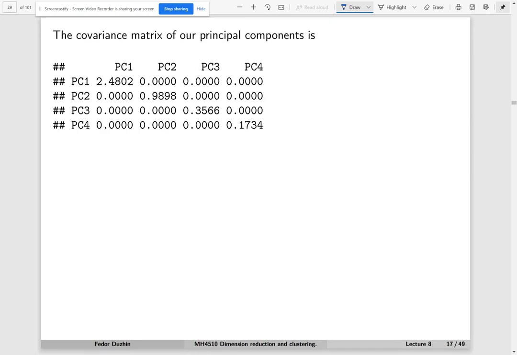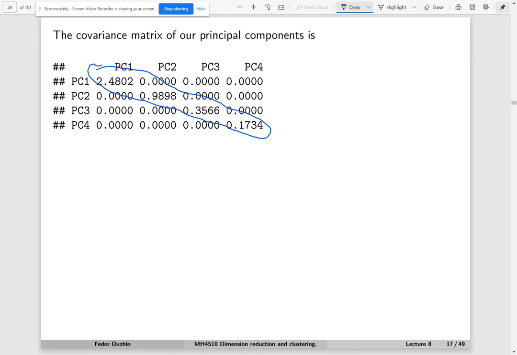And this is the covariance matrix of our principal components. Of course, the covariance matrix is going to be diagonal, because we constructed principal components so that they are uncorrelated. So the mutual covariance is always going to be 0. On the diagonal here, we see the variances of principal components.